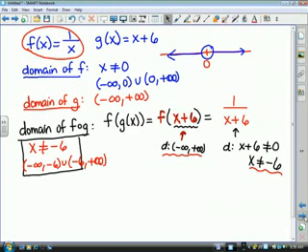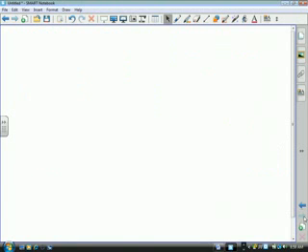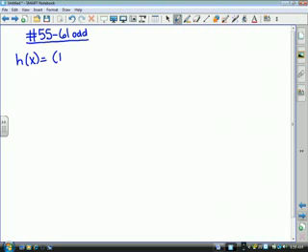Alright. Now, we've got a couple of other odds and ends of problems on this homework that we need to talk about. Now, this next one has nothing to do with domain. This is how you're going to do 55 through 61. What they're in essence going to ask you to do is to decompose the function.